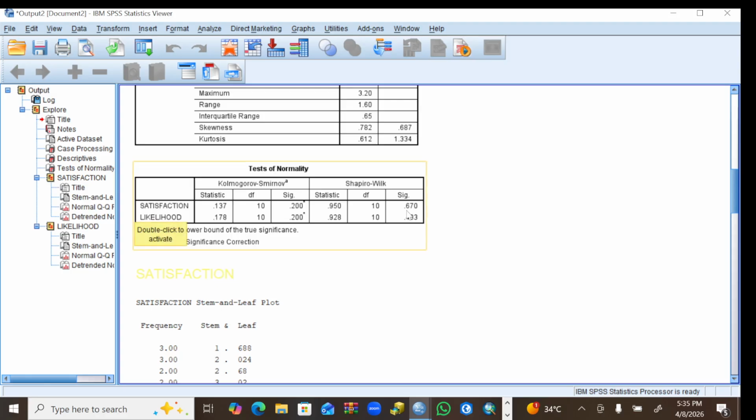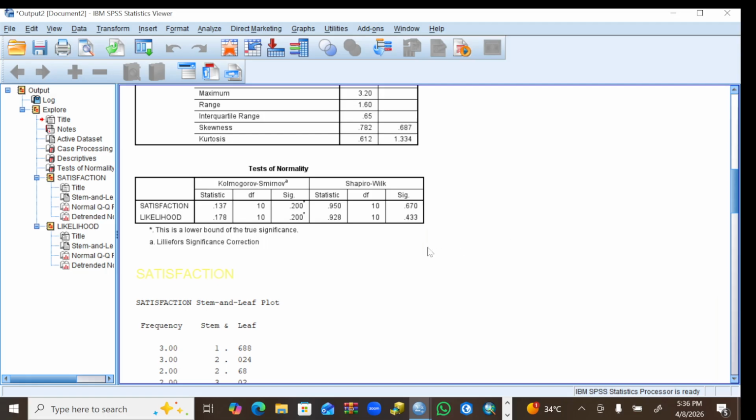For satisfaction, the significance is 0.670, which is greater than 0.05. So it means that there's no significance, which means that our data is normally distributed. The same for the likelihood: the significance calculated is 0.433, which is greater than 0.05. In this case, our data are normally distributed.